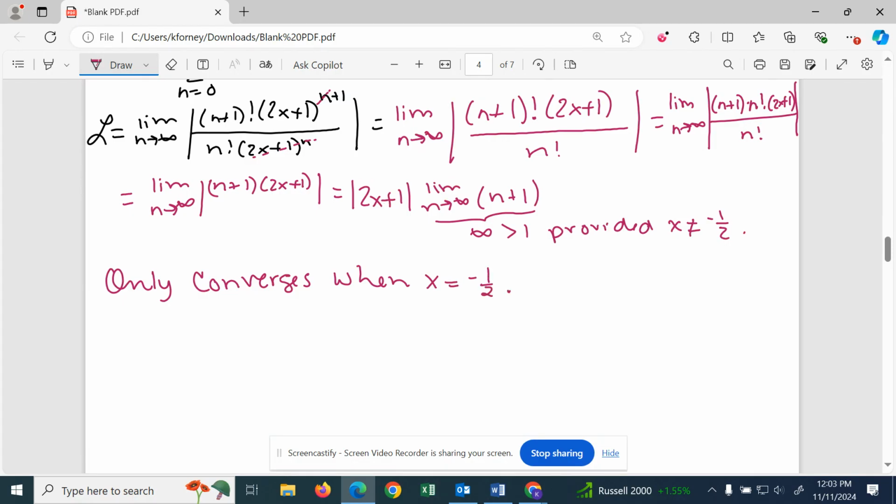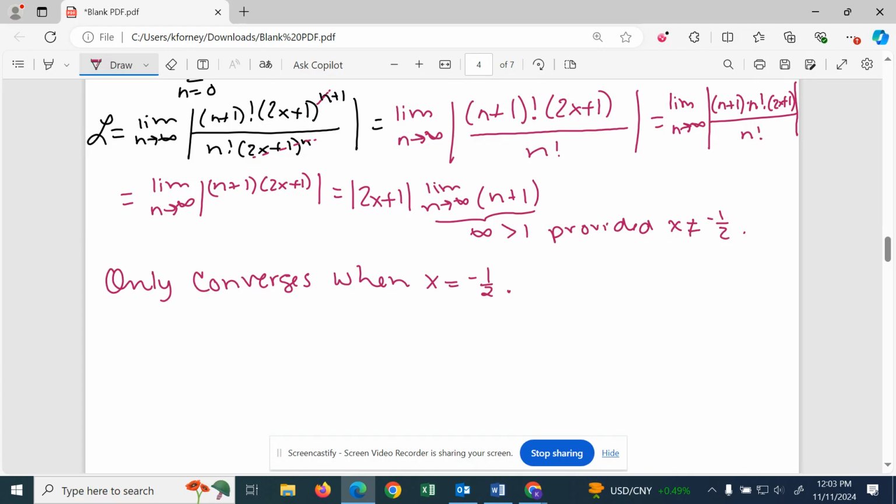So if you think about it, we actually already knew that. From our initial discussion, we know that every power series will converge when x is equal to a. So in this case, a is negative 1/2, because you would have to factor out that 2. Remember, your form is x minus a to the n. So that is 2x plus 1.